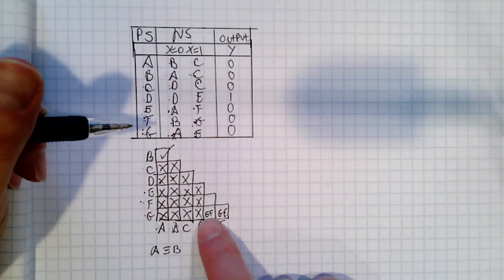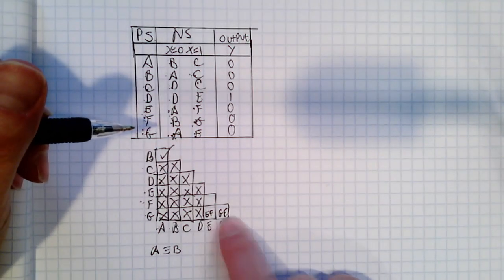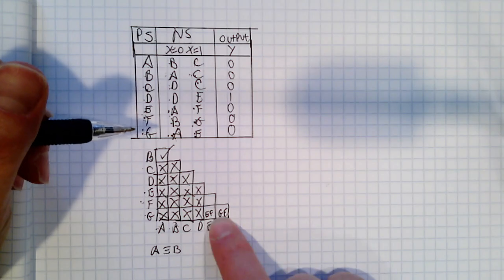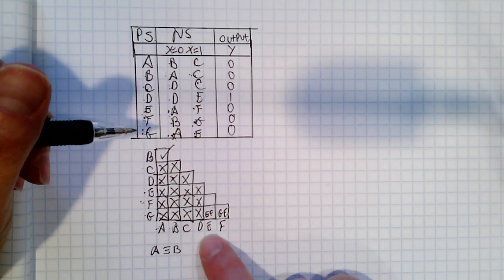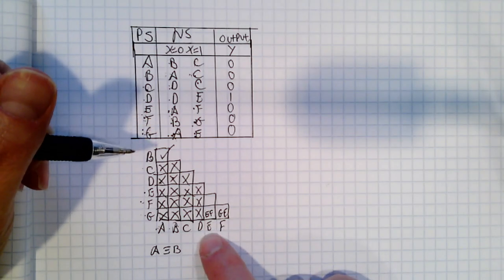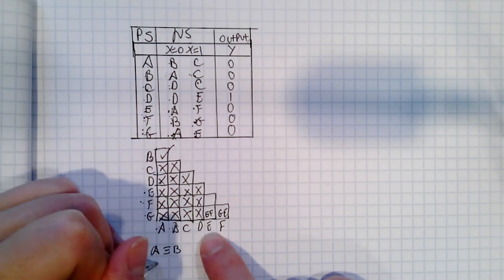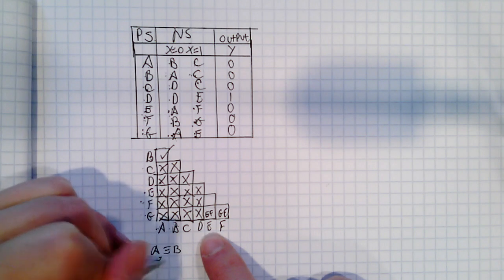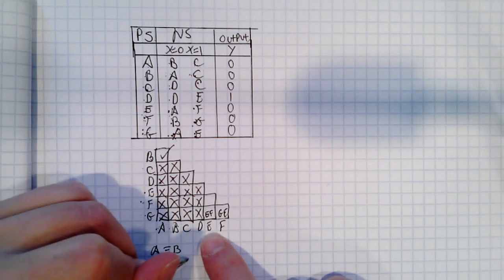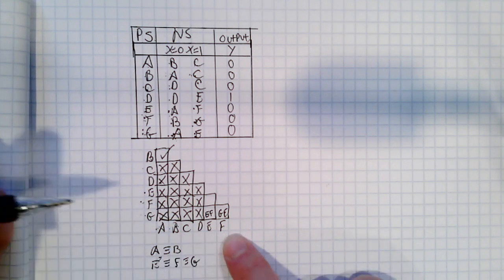So this is true if that's equivalent, and this is true if that's equivalent, so the two things are mutually equivalent. So E is equivalent to F, and F is equivalent to G, which means E is equivalent to F and G. So I can write E, F, G. Isn't that cool?